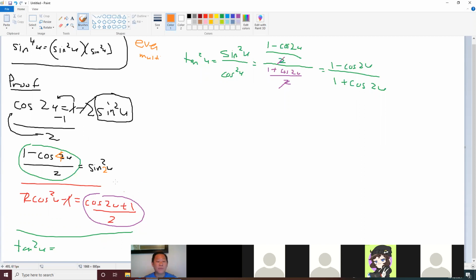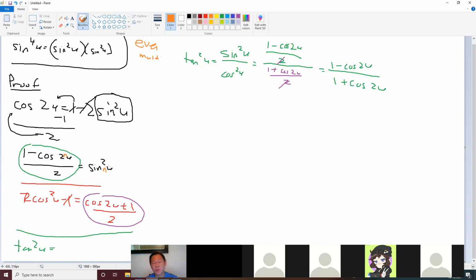Okay, so if you have sine square 2u and you want to use power reducing, you have to make it 4u. So the power reducing for this case will be sine square nu is equal to 1 minus cosine 2nu over 2.